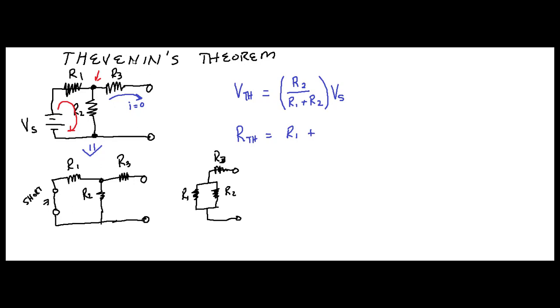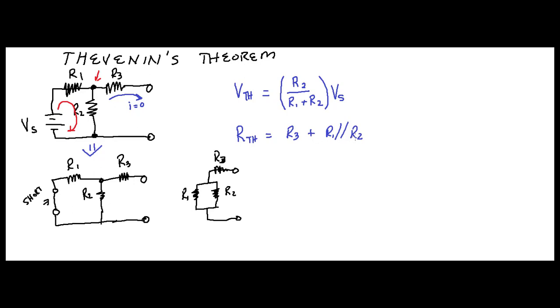So, if we do that, that's going to be R3 plus R1 in parallel with R2. Alright? That makes pretty good sense, doesn't it?